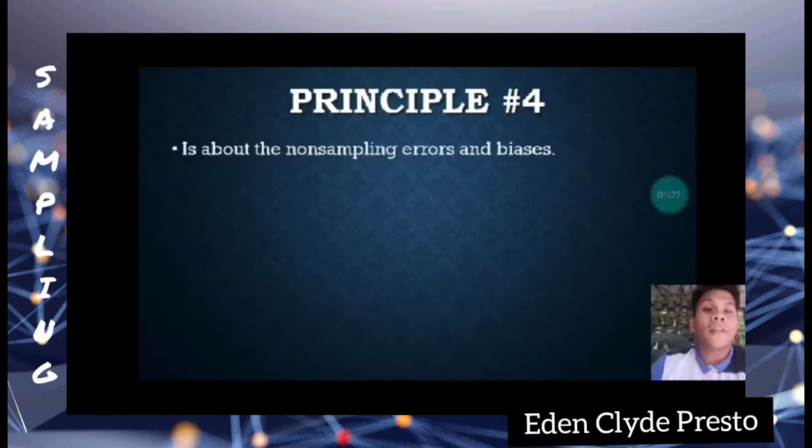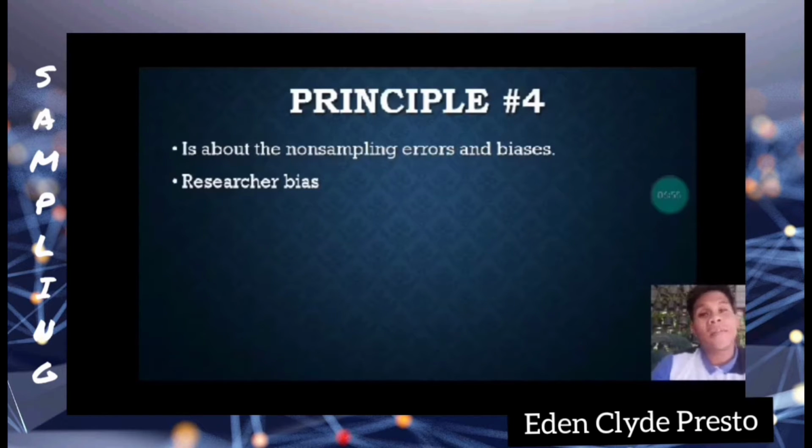Principle number 4 is about the non-sampling errors or the biases. Principle number 4 is all about the researcher, so it is also named the researcher bias. In sampling from any population, any other error that has been invited because of the researcher is known as the researcher bias.